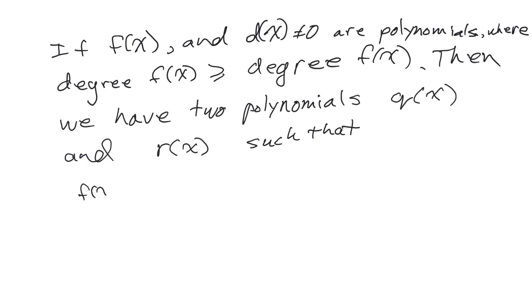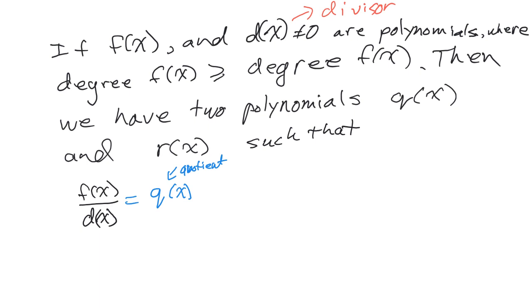If I take f of x over d of x, remember, d of x is like our divisor. Okay. Then we get the following: f of x over d of x is equal to q of x, which is like our quotient function, plus r of x divided by d of x.